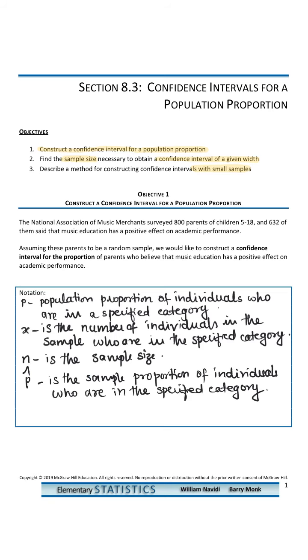P cap is the sample proportion of individuals who are in the specified category. P cap is X over N. We use the value of P cap to estimate the unknown value P.